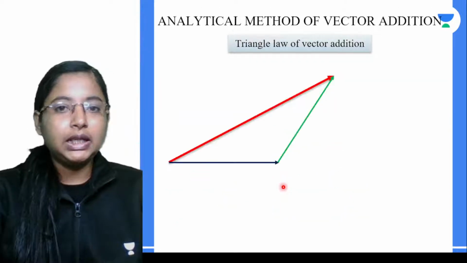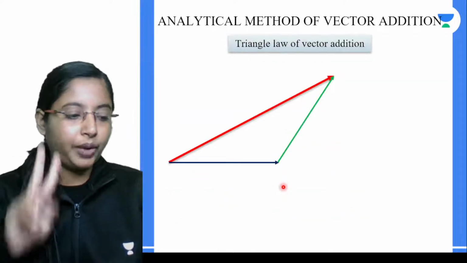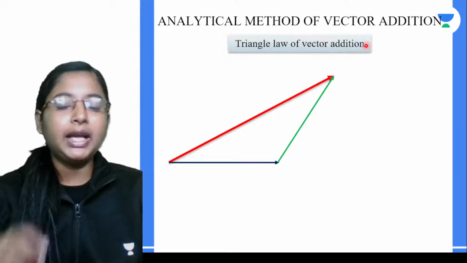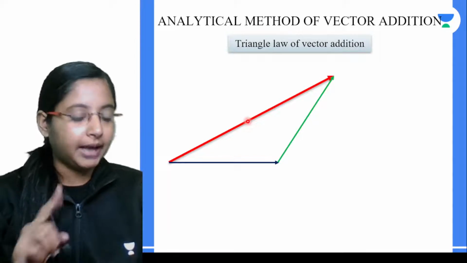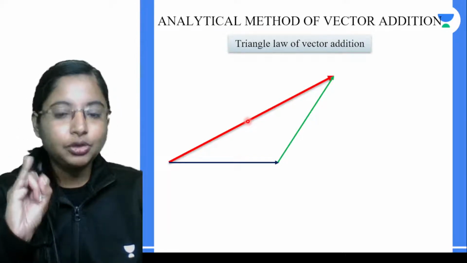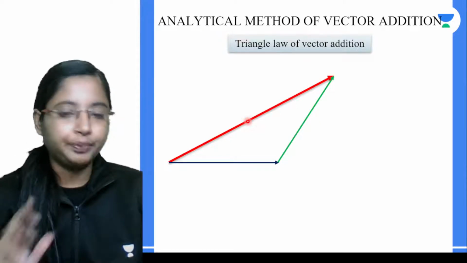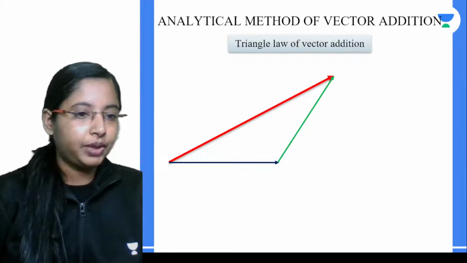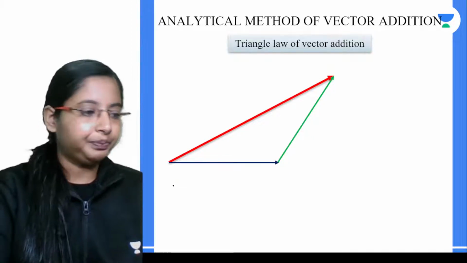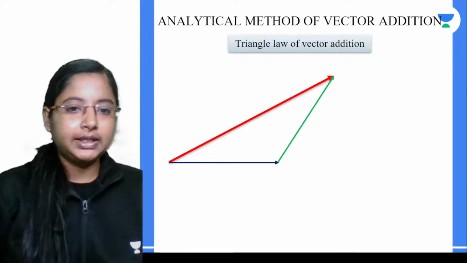Now we'll see, when we just have two vectors, how we can use the triangular law of vector addition to find the resultant's magnitude and direction. Whenever you talk about a vector, it has a magnitude and it has a direction. We have to find both. So let's go with this one. This is basically the triangular law, so let's name the vertices of the triangle.